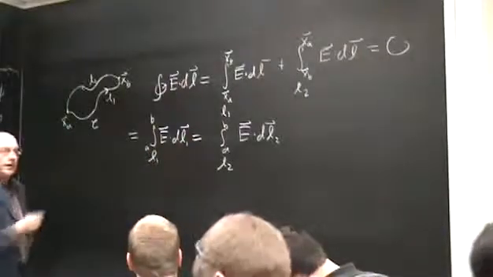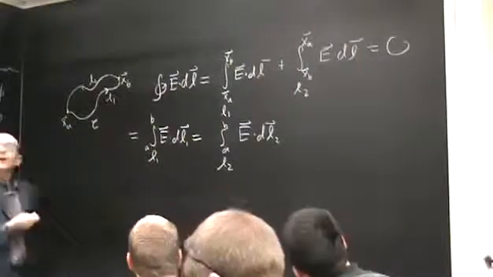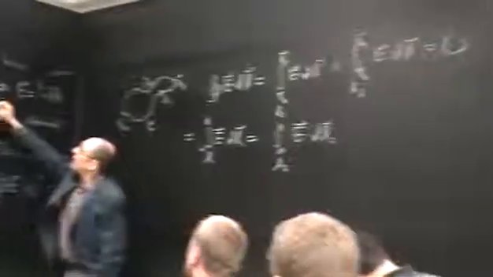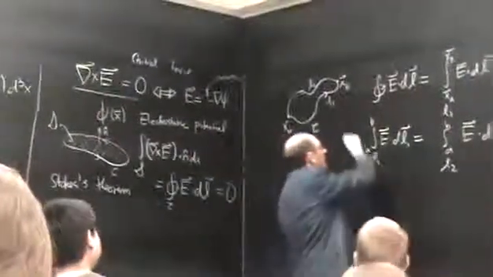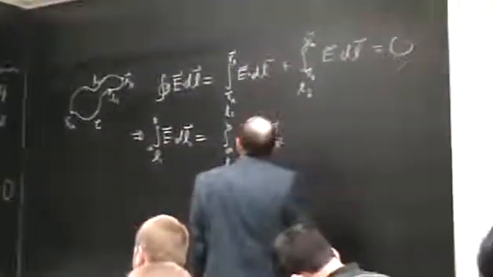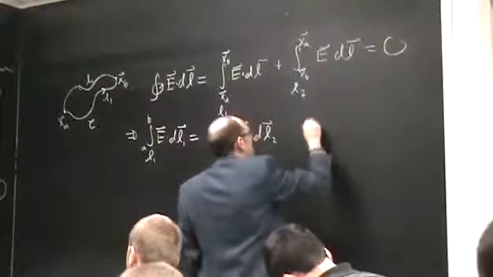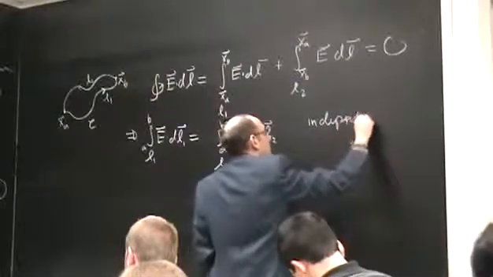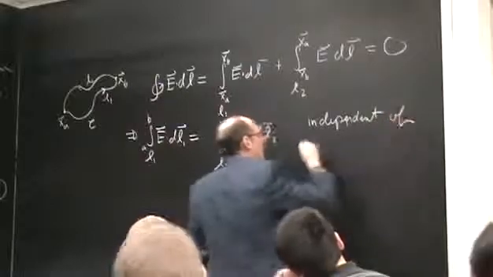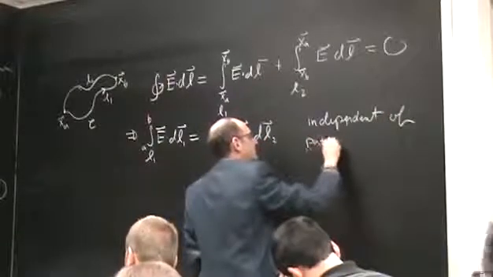So what we know for an irrotational field, a field whose curl is 0, is that the line integral is independent of path and only depends on the endpoint.